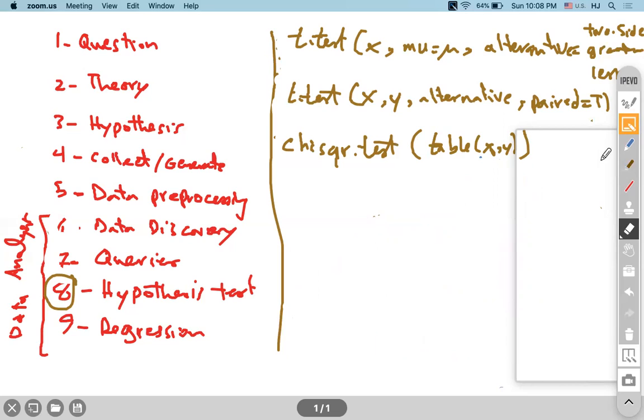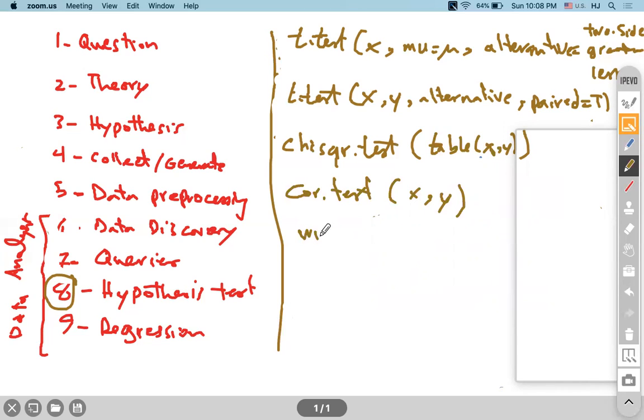Now, talking about other types of tests, you can just apply also, let's say, correlation test. So you can just apply correlation dot test, and find the correlation between X and Y. You can apply all other tests as well in the same way.